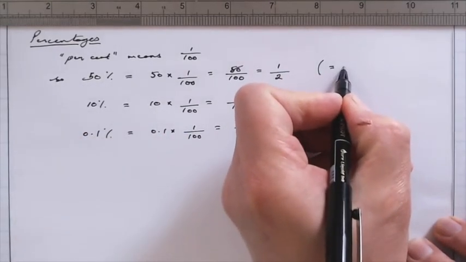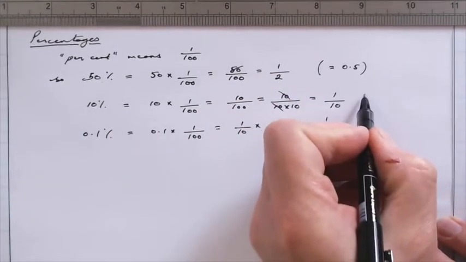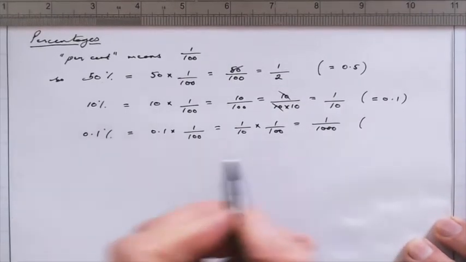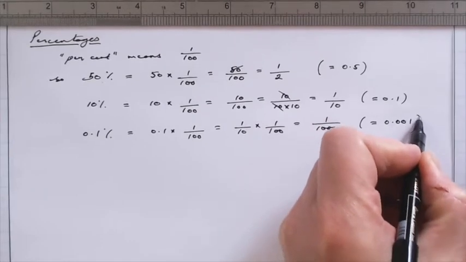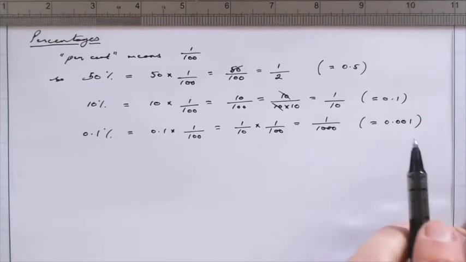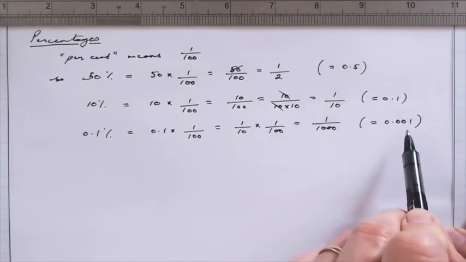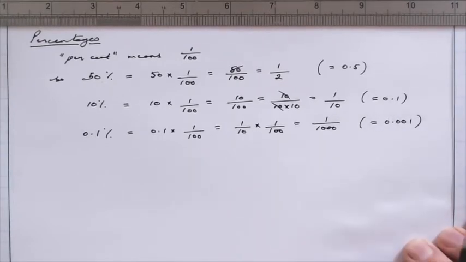So 50% is 1/2, which is 0.5, 10% being a tenth is 0.1, and 0.1%, 1/1,000th, would be 0.001. I'll be giving a tutorial shortly on scientific notation and significant figures, and I'll be speaking a bit more there about thinking about the decimal representation of numbers both large and small.